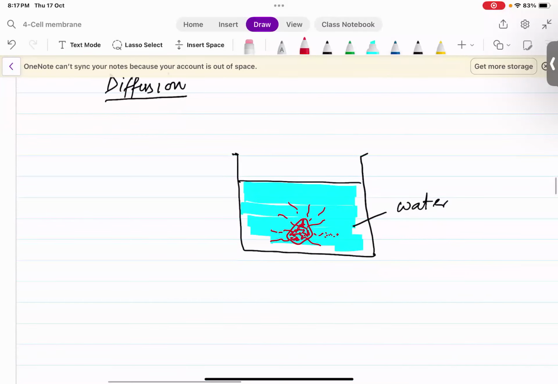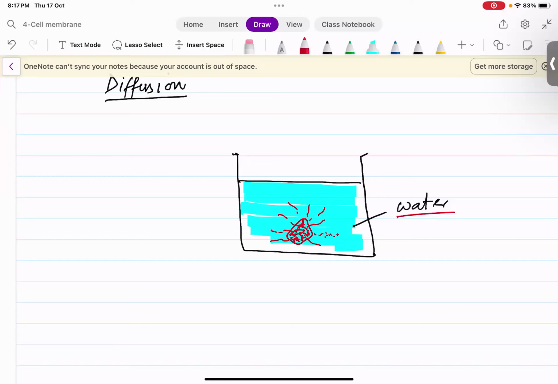So molecules of water are in continuous random motion due to the kinetic energy, and same is with these molecules that we put into the water. The molecules of liquids, gases, and even solids possess some kinetic energy, and due to that kinetic energy, they show one or the other kind of movement. In liquids and in gases, there are weaker intermolecular forces between them.